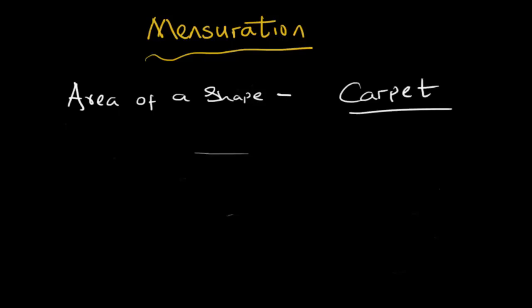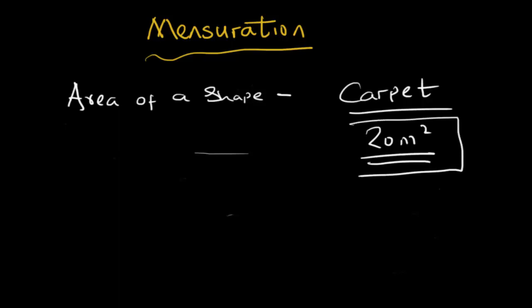Let's say the carpet has an area of 20 meters square. It means that if I bring that carpet and lay it in my sitting room, it's going to take the space of 20 meters square. That is the explanation for area. It is the space a particular shape takes.